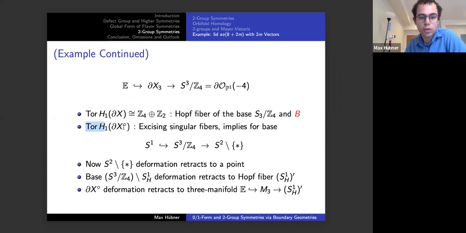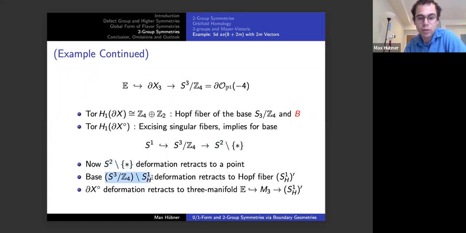To compute the homology groups of this smooth boundary, which is the orbifold homology, we excise the singular fibers. The singular fiber, that's the discriminant locus in the base, removes a Hopf fiber from this S3 mod Z4. So in this fibration over the base, we've punctured the S2. Now the S2 with a point removed deformation retracts to a point.